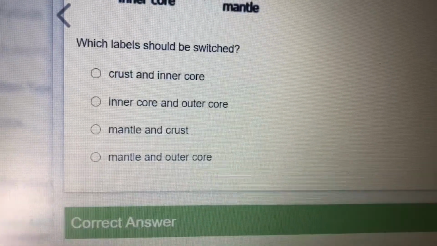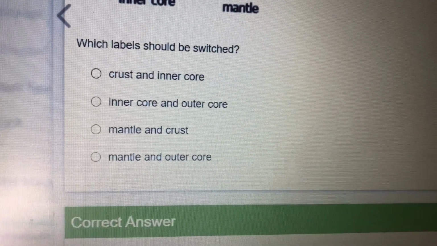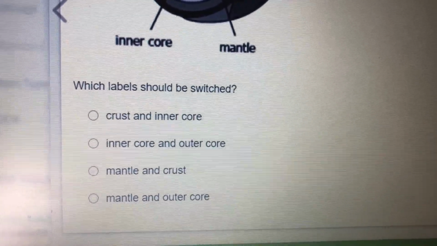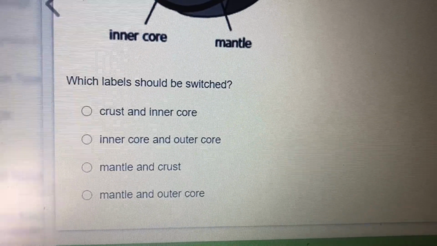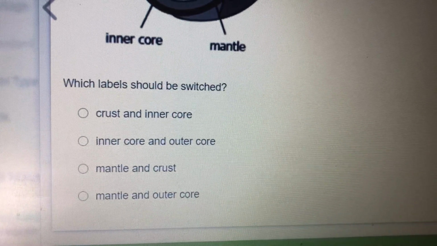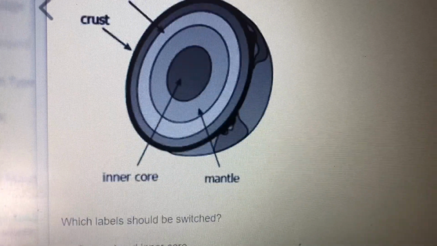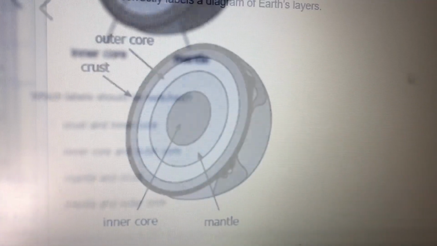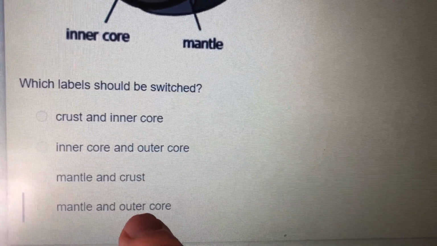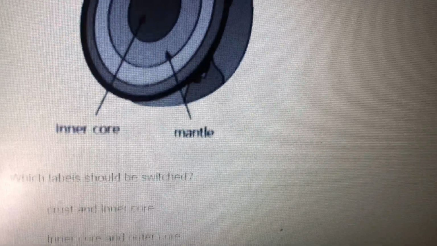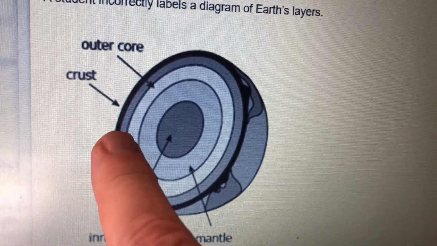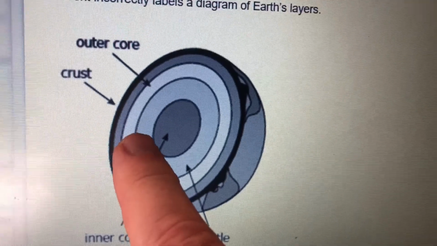Crust and inner core, outer core and mantle, crust and mantle, or mantle and outer core. Let's look at it one more time. Well, if you chose this one, mantle and outer core, you are correct. You see, it should be crust, mantle, outer core, and inner core.